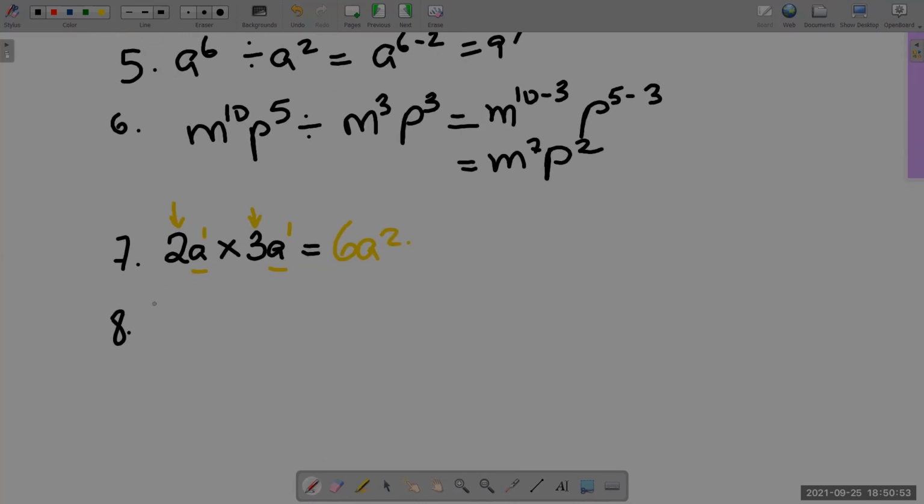So let's try another one. 3m squared p squared times 2mp. Everybody try that for me, please. This is intentional to see if you understand the basic concept.